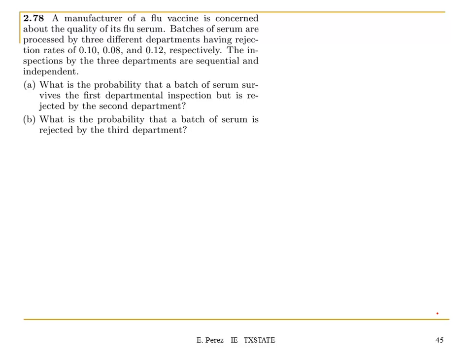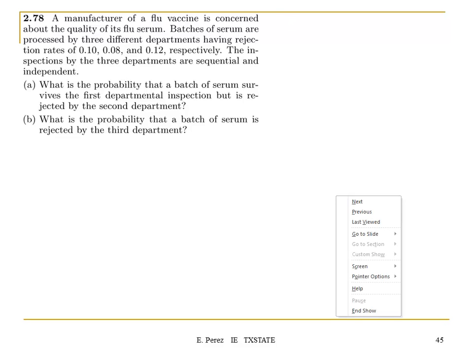This problem is: the manufacturer of a blue back sign is concerned about the quality of its blue zero. Batches of this element are processed by 3 different departments having rejection rates of 0.10, 0.08, and 0.12. The inspection by the 3 departments are sequential and independent. So the first question is, let me put those events here.